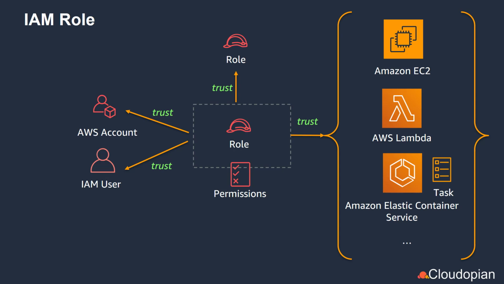An example is, imagine that you have a Lambda function that needs to access a DynamoDB table or an S3 bucket. The Lambda function can assume that role and get the permissions related to that and then access the service permitted by the permissions.